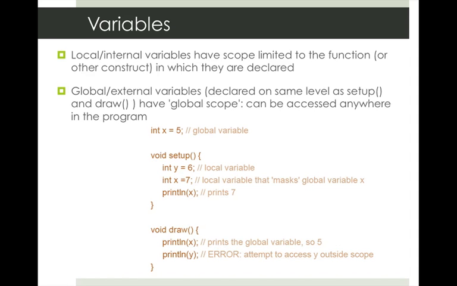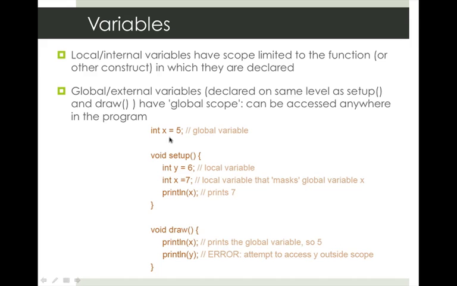Whenever we talk about variables, there are two different types: local variables and global variables. In this processing sketch, you can see that we have a global variable because it is defined outside the setup and the draw modules. In processing, you have two distinct modules, the setup and the draw.